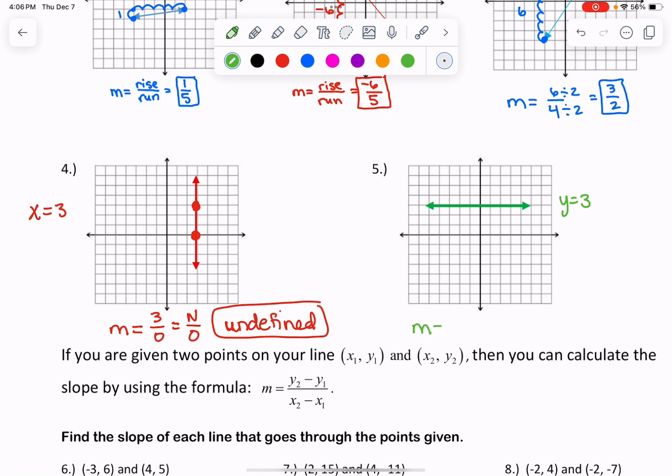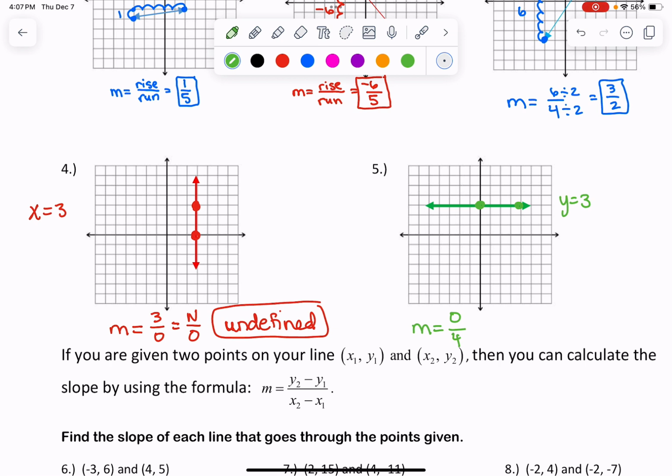Again, if I want to find the slope, I'm going to choose any 2 points on my line. So I'm going to choose this guy and this one right here. Now I'm going up 0 over 1, 2, 3, 4, or up 0 over 2, or up 0 backwards 1, or backwards 2. So I have a slope of 0 over, let's say, 4, or 2, or whatever number it is.